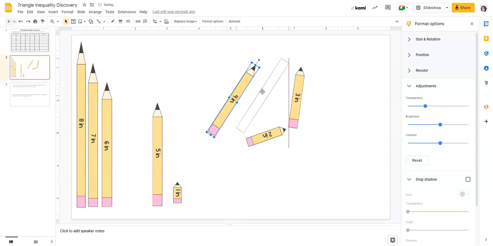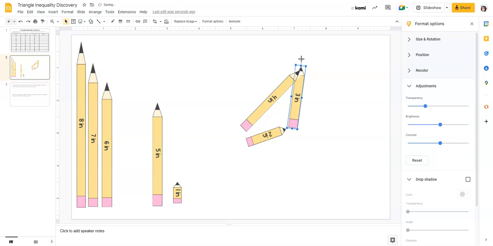Look here, with 4, I can't connect the tips together. If I put the pencil leads for 3 inches and 4 inches together, there is not a way for me to connect the 2-inch lead and the 2-inch eraser to either of these erasers, or to both of these erasers, no matter how much I rotate it.